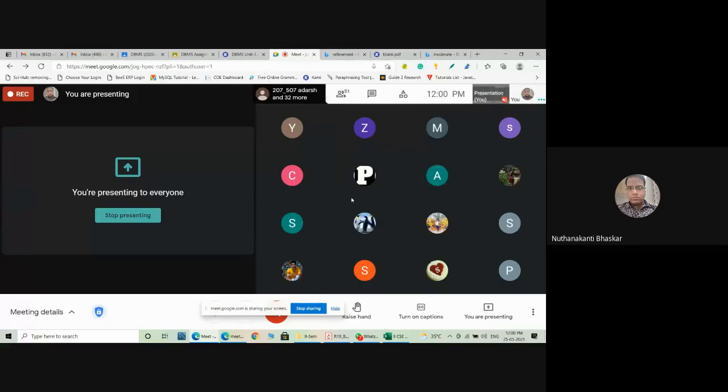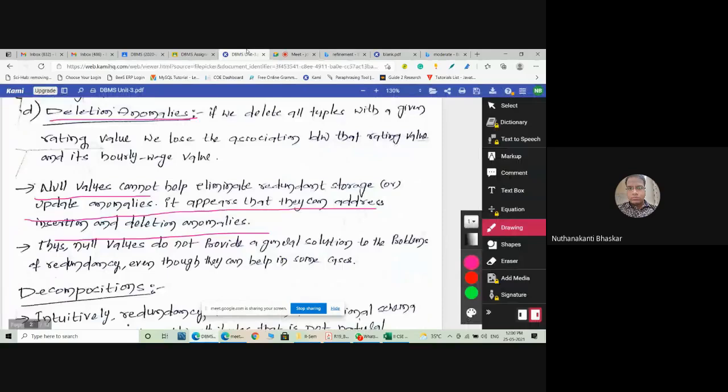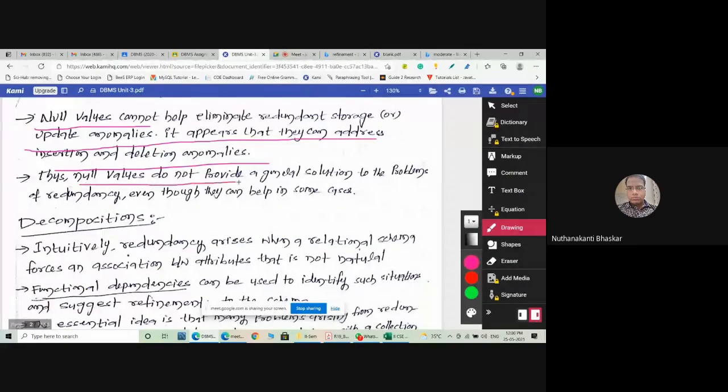Are you clear? Yes, sir. That's why we never consider null values to provide a general solution for the problem of redundancy, because we don't have any redundancy problem with null values.